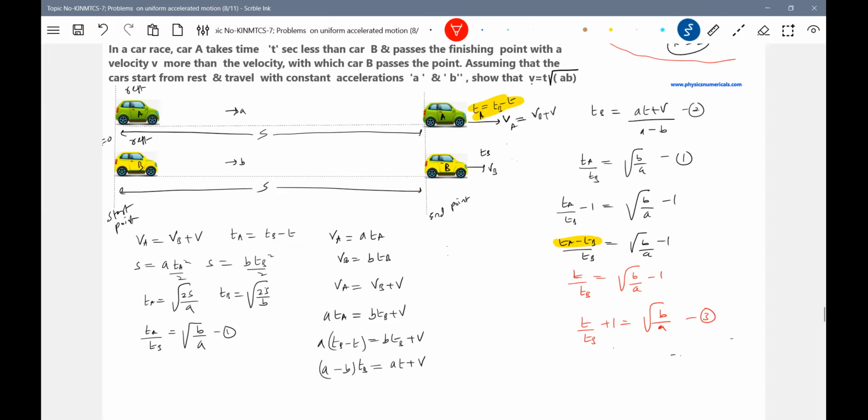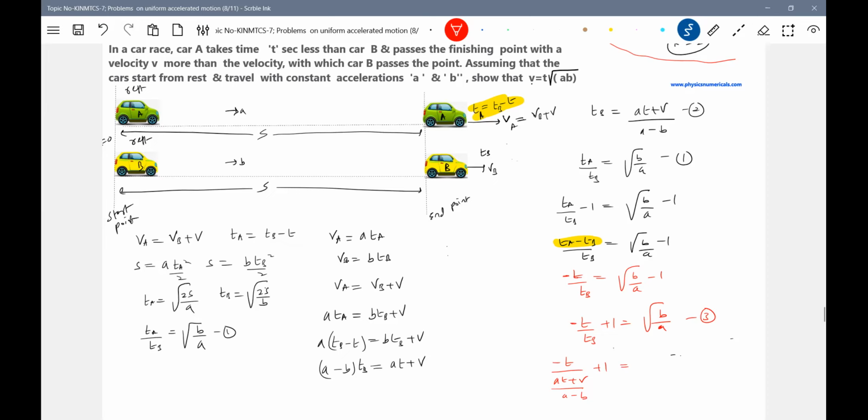Okay, we'll do one thing. We'll add plus 1 or minus 1. TA minus TB will be minus T. Now we'll substitute the value of TB. So this will be minus T, very lengthy, a little bit. Okay, we'll manage, no problem.